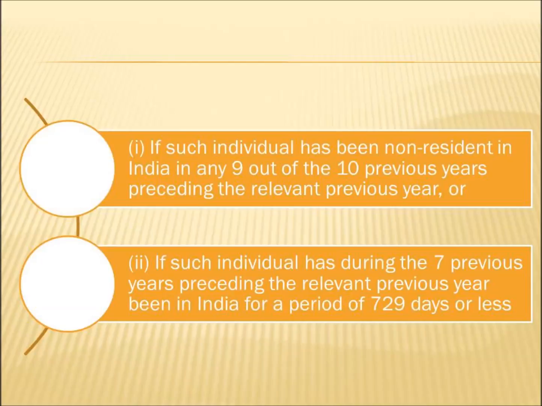I have to see the 10 previous years preceding this previous year, and in those 10 years, whether I am non-resident for 9 years or not. If I am a non-resident for 9 out of 10 preceding previous years, then I will be a not ordinarily resident.